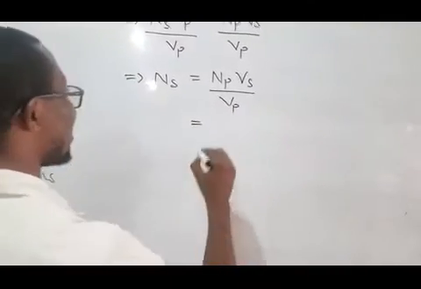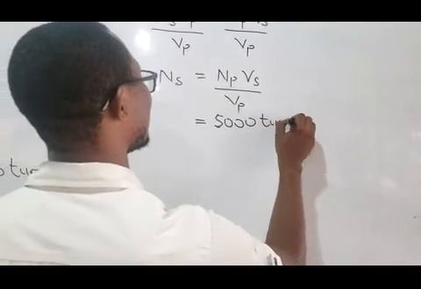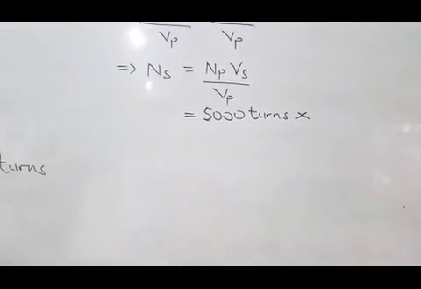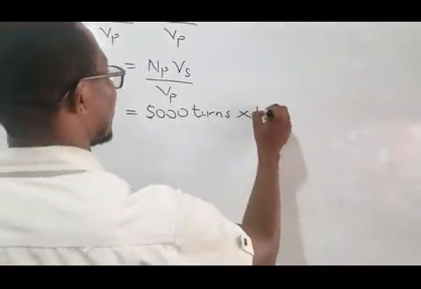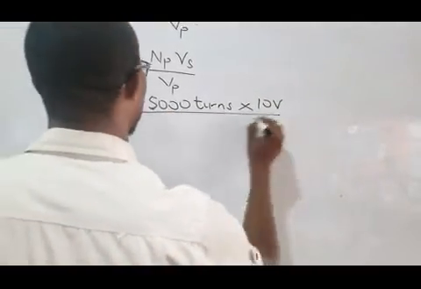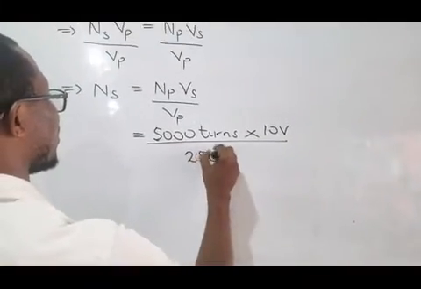So the number of primary turns is 5,000. The secondary voltage is 10 volts. And then the primary voltage is 250 volts.